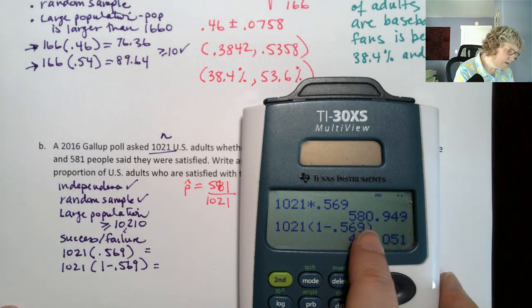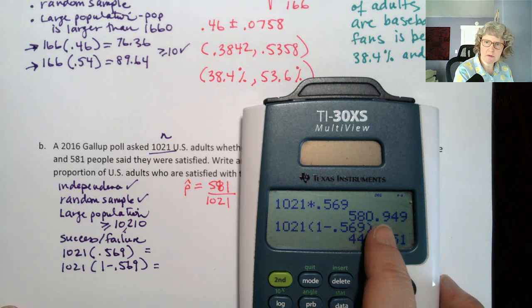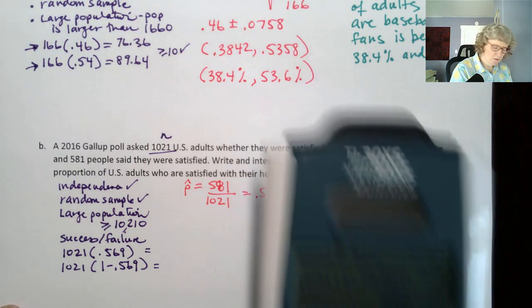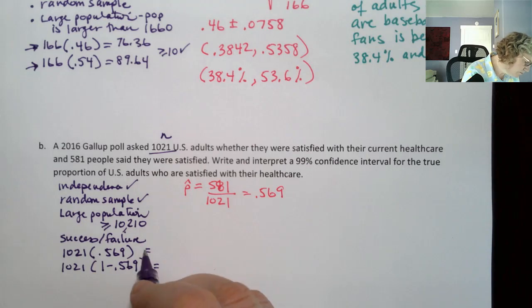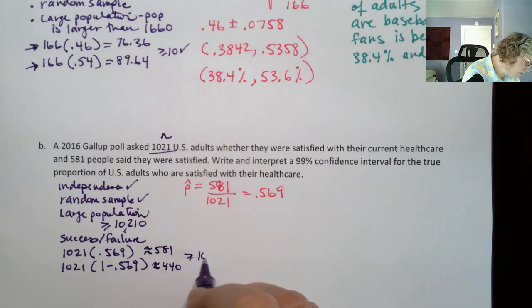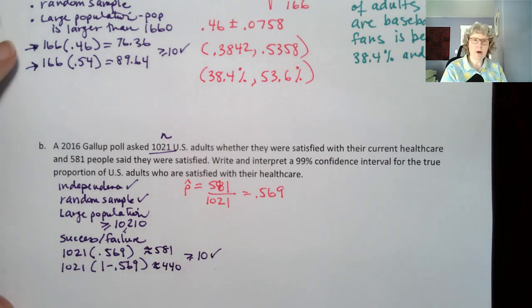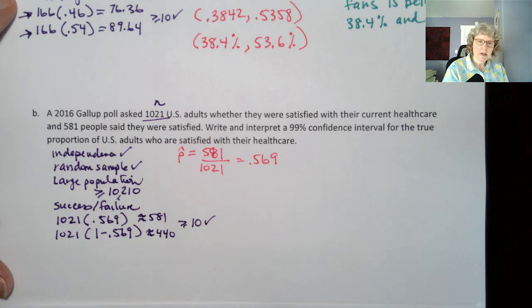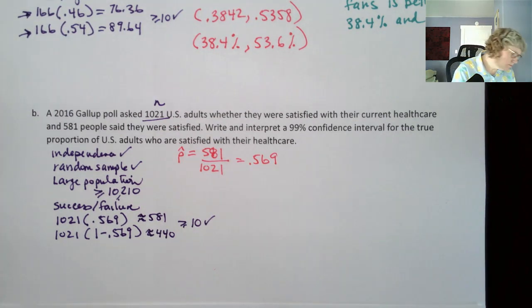Okay, so you can round these as well if you want to. So 581 and 440. I'll change it to approximately equal. Those are both greater than 10. No problem. Okay, great. So now let's go ahead and do our interval.